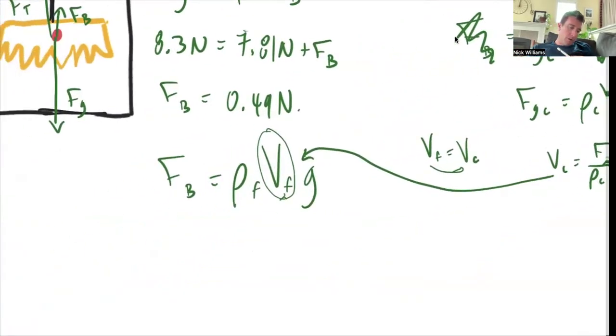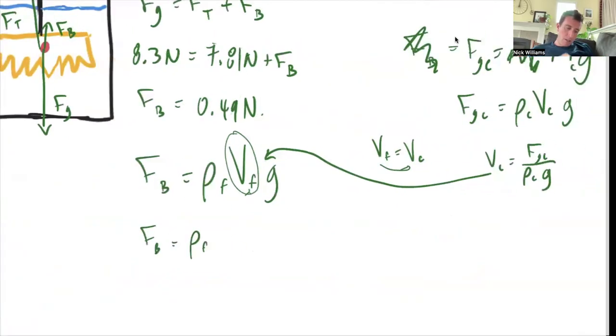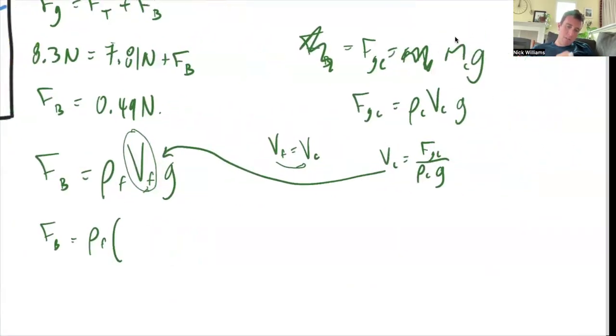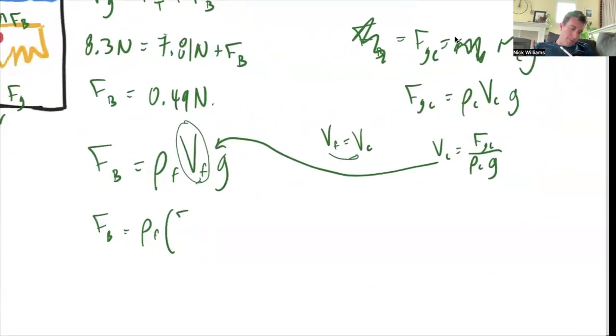So the force of buoyancy is equal to the density of the fluid times the force of gravity of the crown over the density of the crown times the acceleration due to gravity, times the acceleration due to gravity.